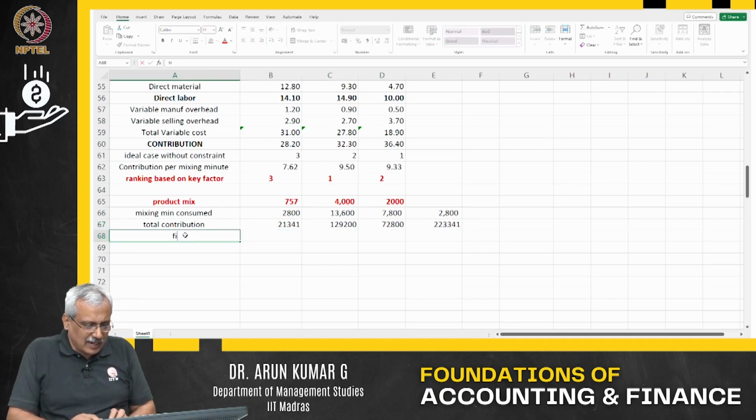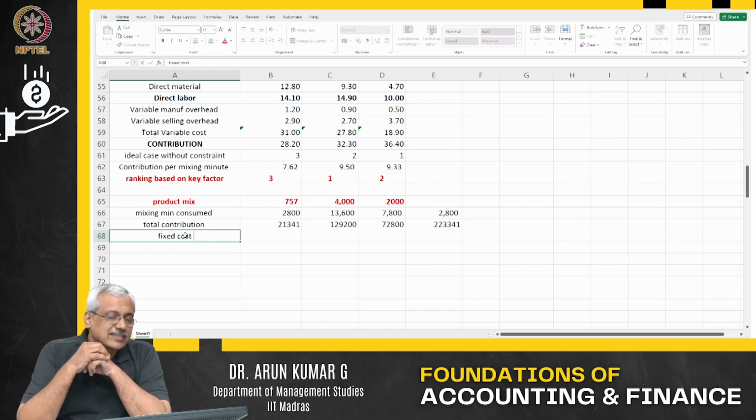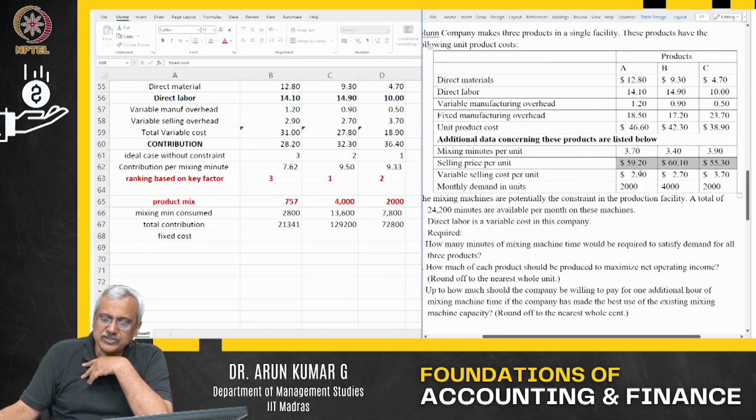What are the fixed costs? Allocated fixed costs. Please note, it is allocated fixed cost. It is not fixed cost per unit. It is always allocated based on the number of units you manufacture. Allocated fixed cost, overhead. So the allocated fixed cost is 18.5 into 2000, for this number of production units, this is the fixed cost per unit.